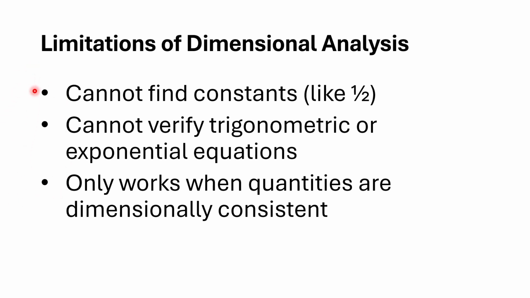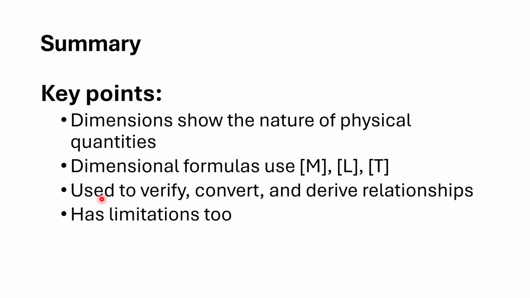That is all about this topic, and we have summary key points of what we have studied in this small lecture. Dimensions show the nature of physical quantities. As I told you in the beginning, dimensional formulas use MLT.